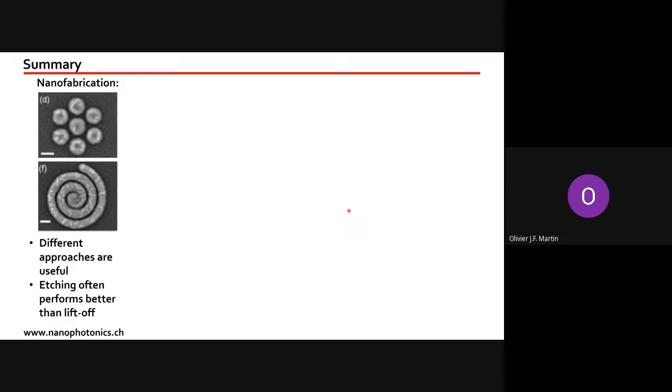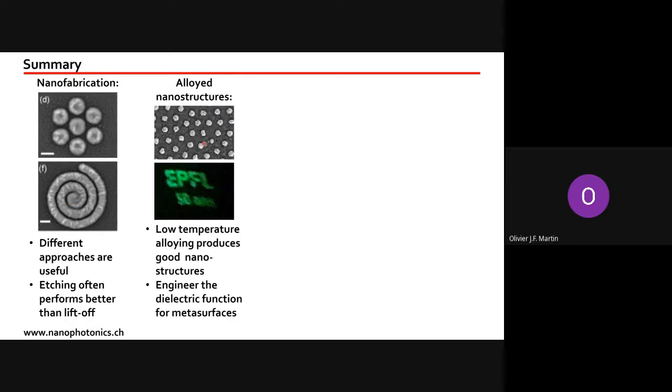So that brings me to my summary. I've shown you that nanofabrication is a very important enabler for these plasmonics, and different approaches can be used, but this approach based on etching, which is not so much widespread yet, works extremely well and allows you fabricating very small structures that are very, very well controlled. We have developed a low temperature alloying process which can be used to fabricate nanostructures that can then be turned into metasurfaces.